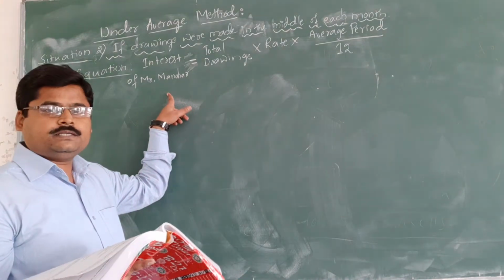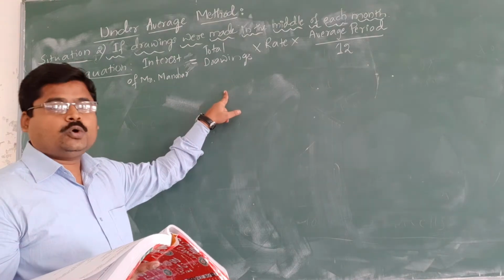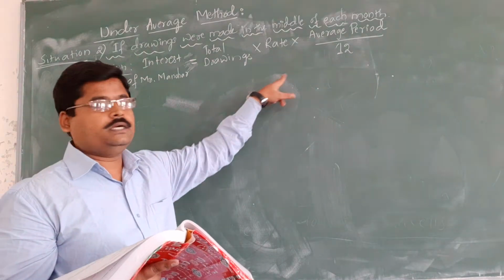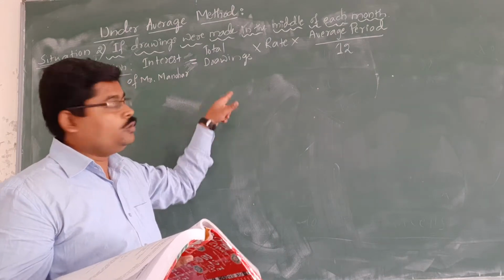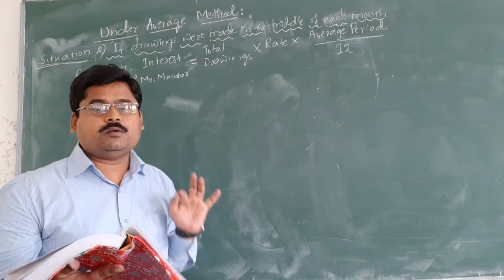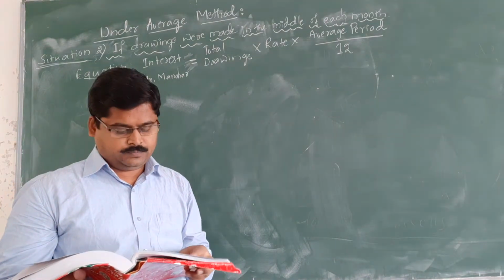What I have written here is the interest of Mr. Manohar. The equation is total drawings into rate into average period divided by 12. Total drawings means drawings per month into 12 months. How much has he drawn per month?